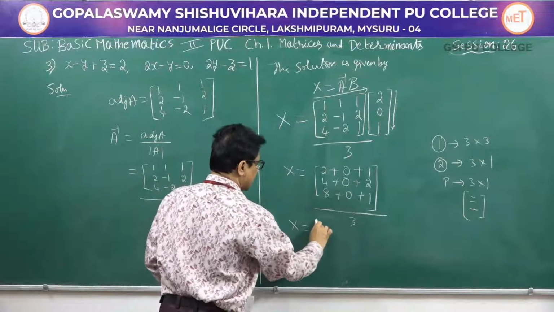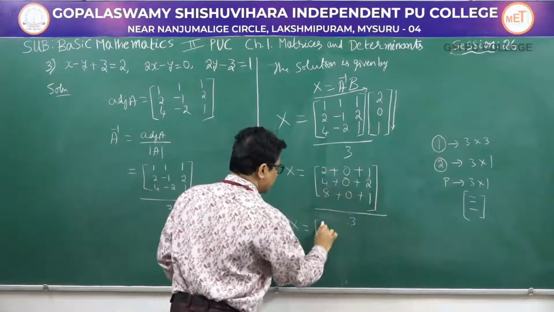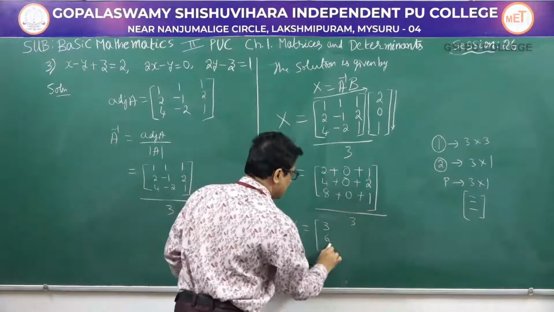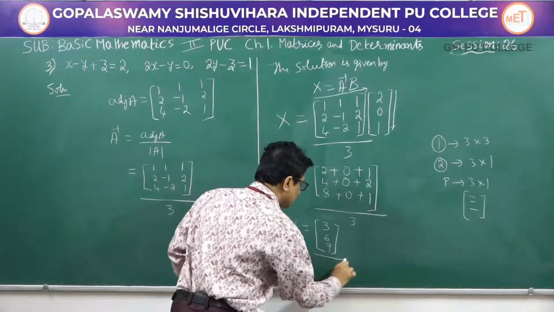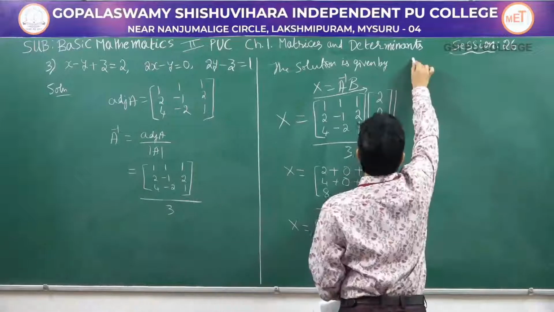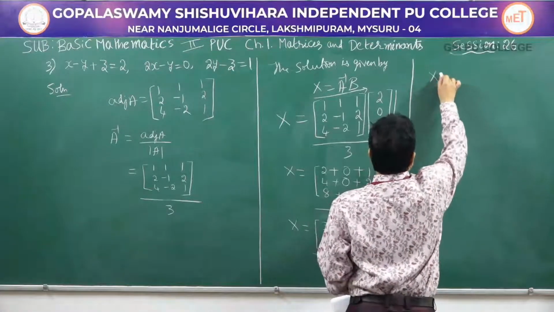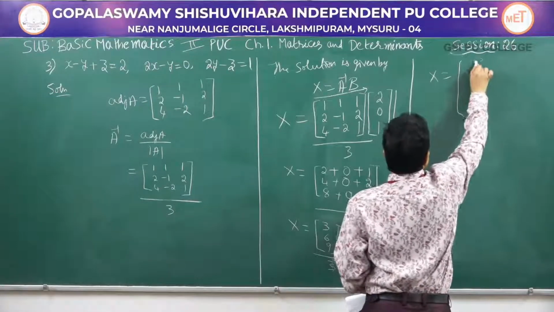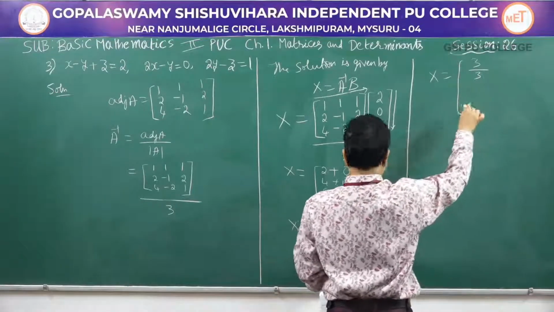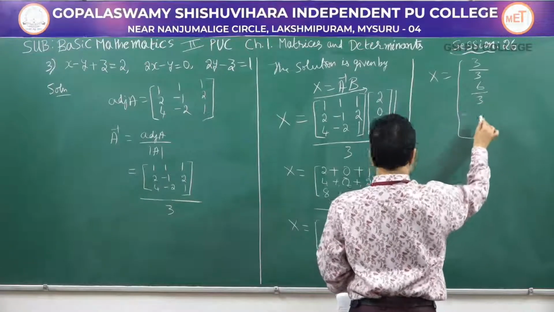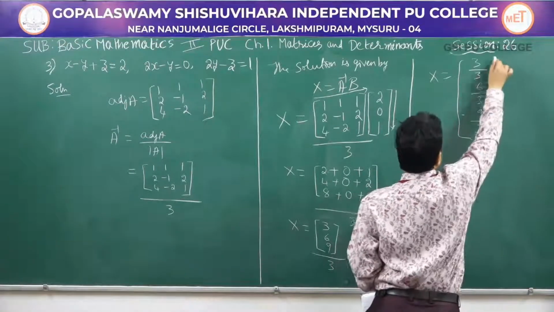So x equals 2 plus 1, 3, 4 plus 2, 6, 8 plus 1, 9. Whole thing divided by 3. So x is equal to 3 by 3, 6 by 3, 9 by 3.